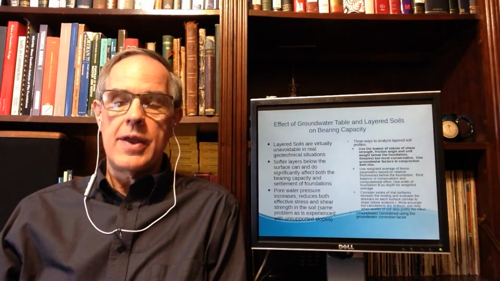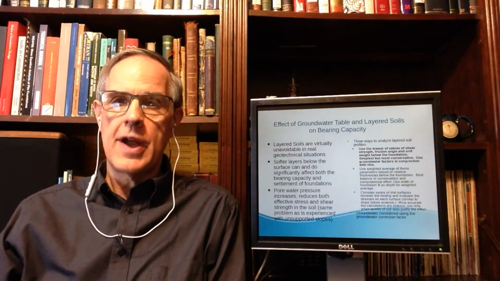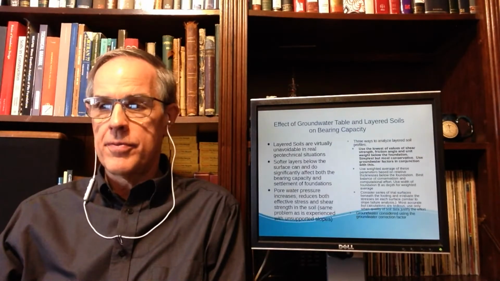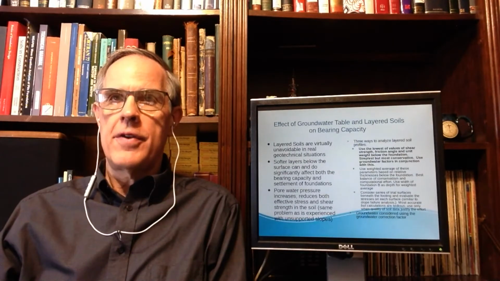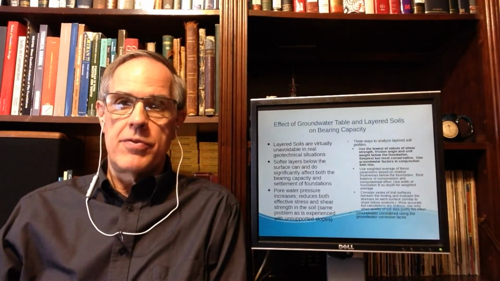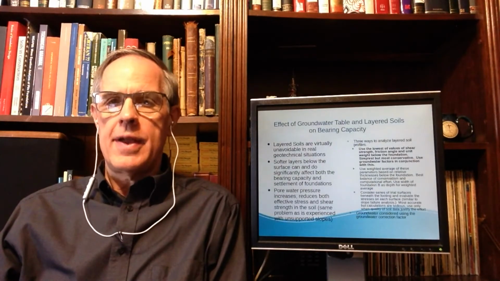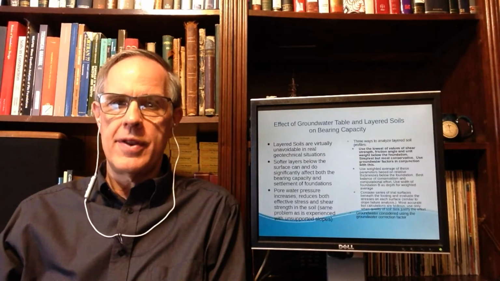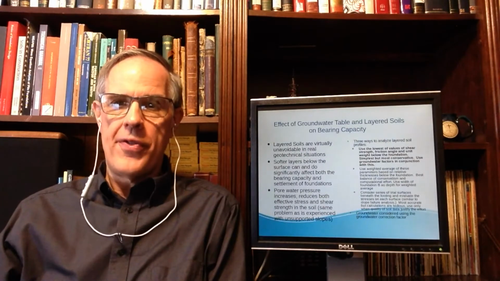The other two ways are a little more complicated. In the past, I've taught the second one. You use a weighted average between the base of the foundation and a distance B below it. The only problem with that is that if you have a very soft layer somewhere in there, the soft layer is going to drive the failure of the whole thing.